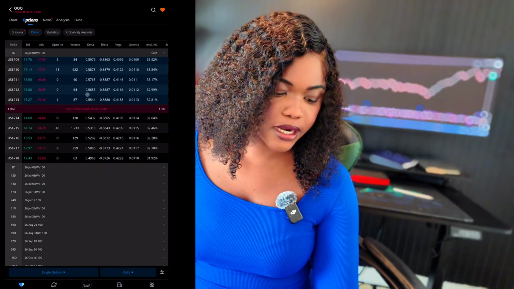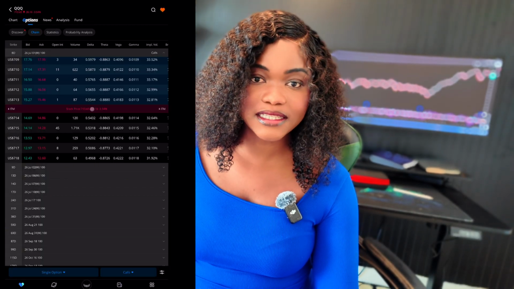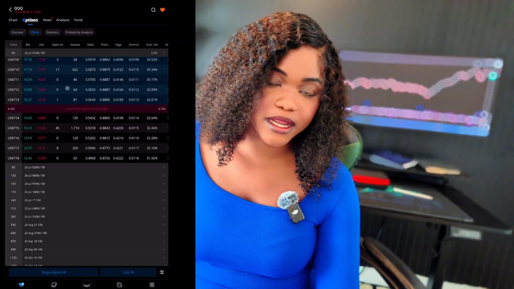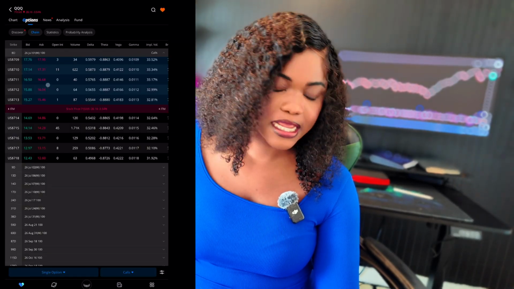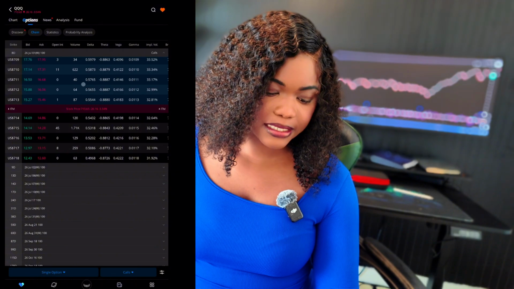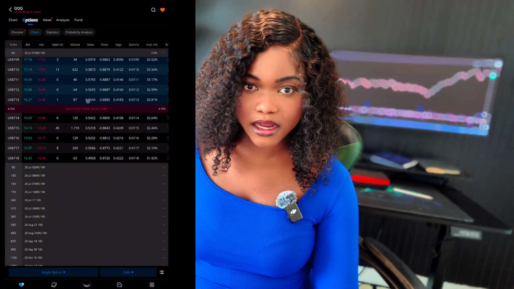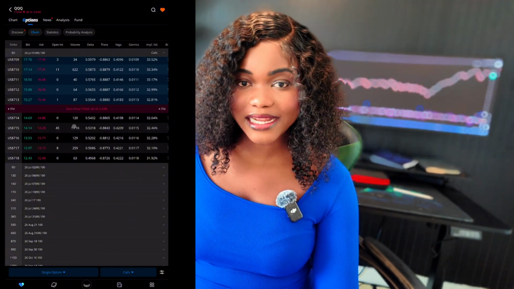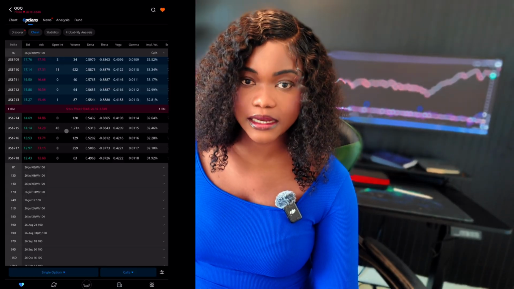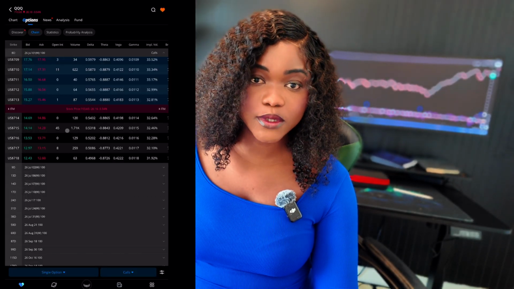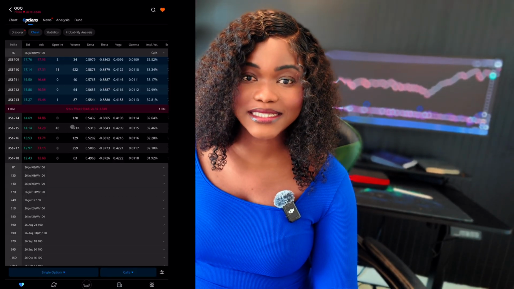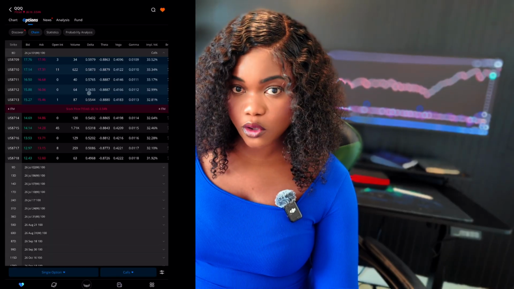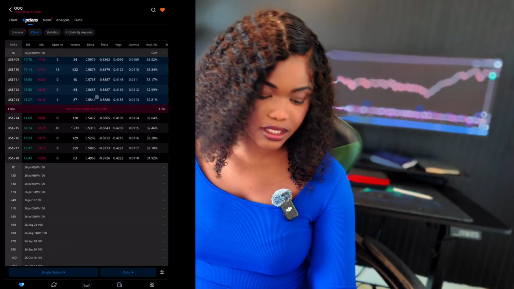The in the money contracts are the contracts within the blue background, and the out of the money contracts are the contracts within the black background. Like I said, as an option buyer, you should be looking for a delta of at least 0.5 and above. As an option seller, you should be looking for a delta of at least 0.3 and below. That will be a very good spot for you.